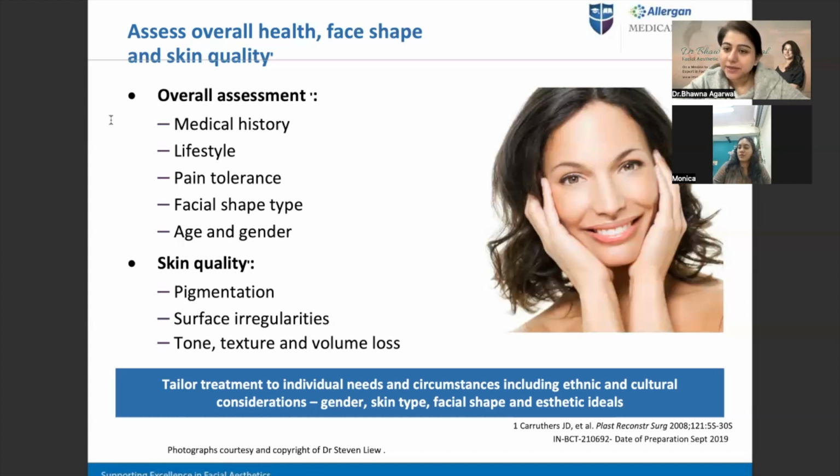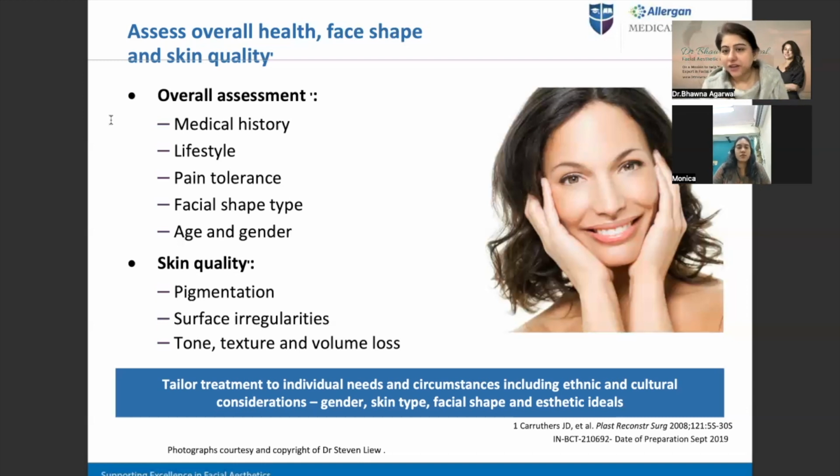That is a very big mistake. Doctors finish the procedure in a hurry just to quiet the patient, just to make sure that they don't keep shouting. So if you know the pain tolerance and how to deal with it, it becomes easier for you. You're creating a clear space for yourself to do the injectables. So that is why pain tolerance is something very important.